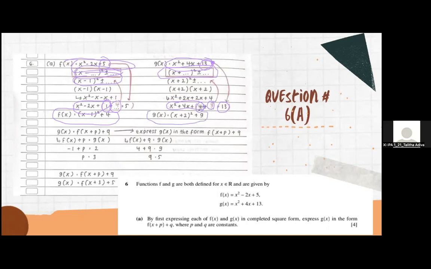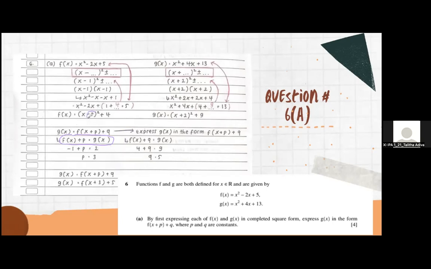So for g of x, the completed square form is g of x equals to x plus 2 to the power of 2 plus 9. Next, for the second step, because we have to express g of x in the form of f of x plus p plus q, we can do it by substituting the value from f of x and g of x to find the value of p.